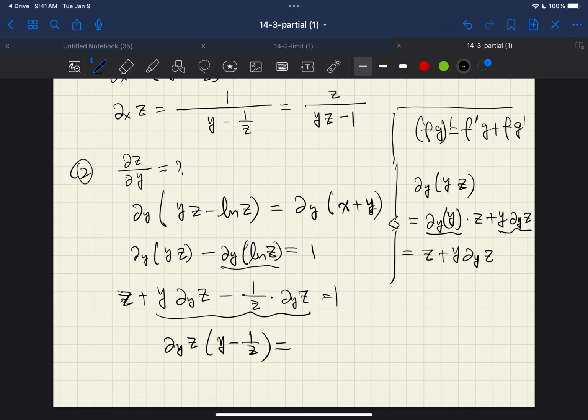And this z term can be moved to the other side, so 1 minus z. And partial y z equals 1 minus z over y minus 1 over z. And now multiply z on top and bottom. We come up with this fraction.